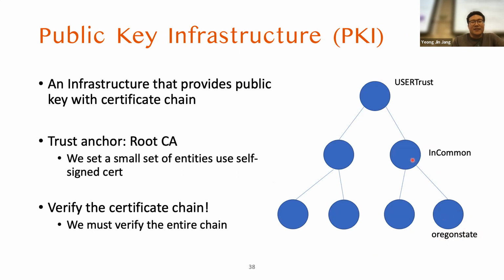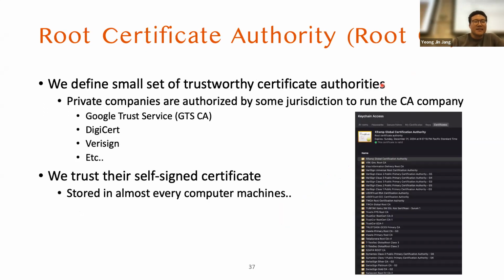But this company also issues a lot of other certificates for other entities, so there will be some other companies there. And then InCommon is assured by USERTrust, but USERTrust is assured by itself. So this will be at the root of the trust chain. That's why we call it a root CA.